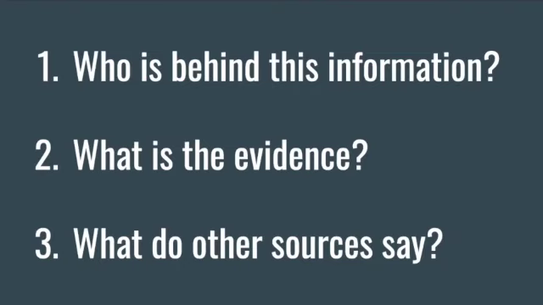Can you find other sources that support the information that you're looking at? But in this case, what you're trying to get a sense of is, what do other people say about the source itself? Not about the individual or the content within the source, but the actual website or newspaper or news agency. And that's it. Those are your only three questions guiding you in lateral reading.